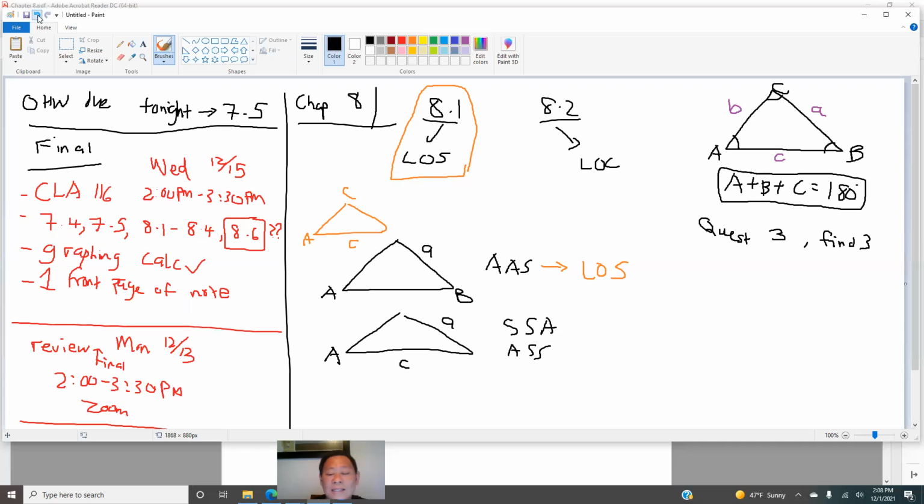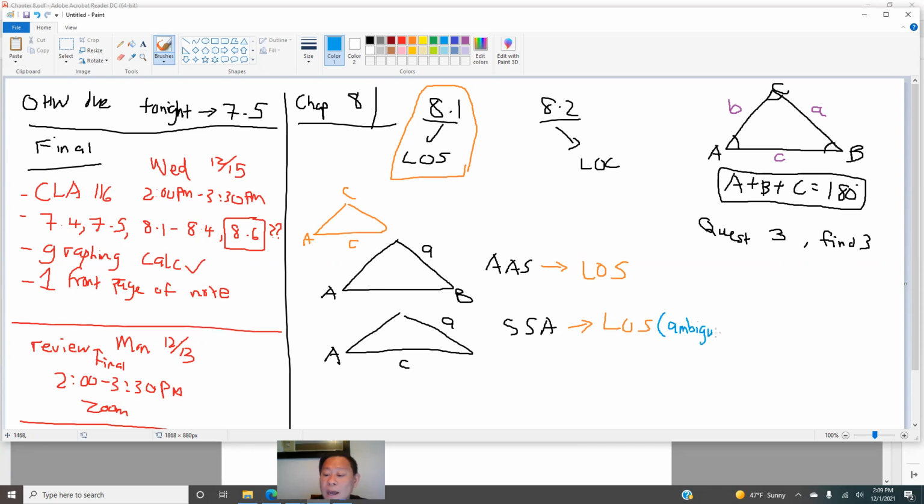So we always say side angle. If I provide you an angle and 2 sides, this is also law of sine. And if you have such a case, this is called the ambiguous case.